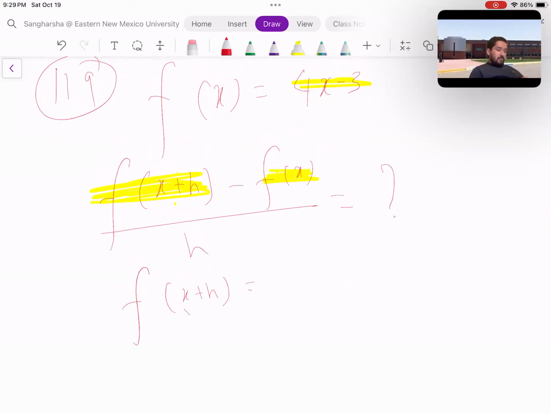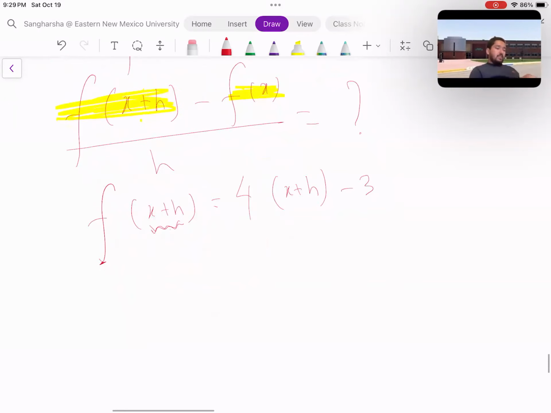You substitute this expression x plus h for every x in your f function. So for every x, you're going to substitute x plus h. 4 as it is. For x, you're going to have x plus h minus 3. Okay, you simplify. This is 4x plus 4h minus 3.